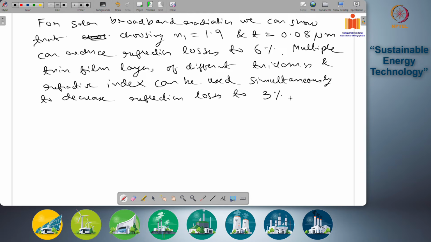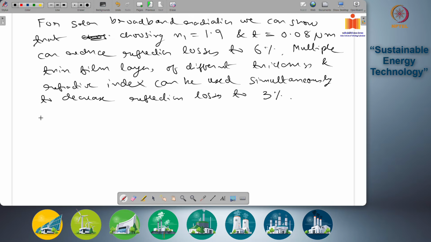So clearly, the use of these thin films has a significant effect in improving the efficiency of solar cells, because untreated solar cells will have reflection losses of 40%, whereas these layers can reduce that to 3% only. So this is a key design improvement that has significantly improved the efficiency of your solar cell.